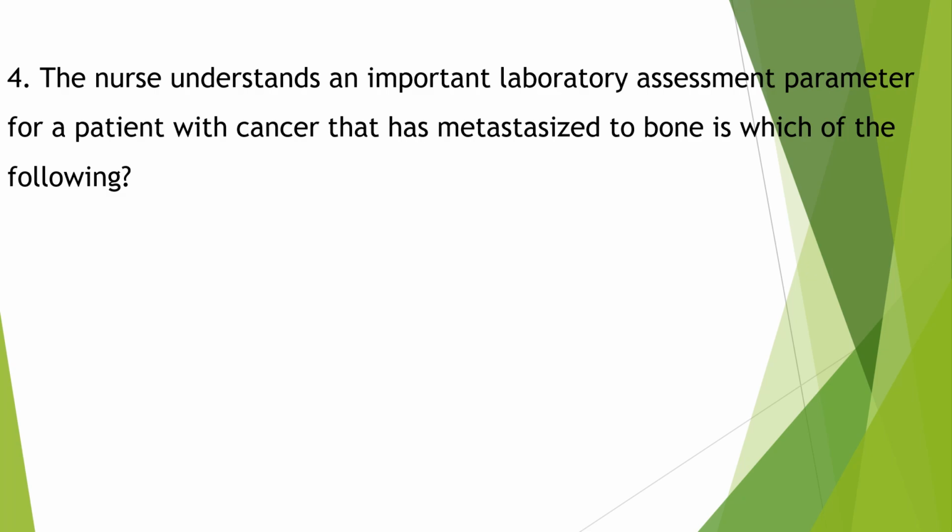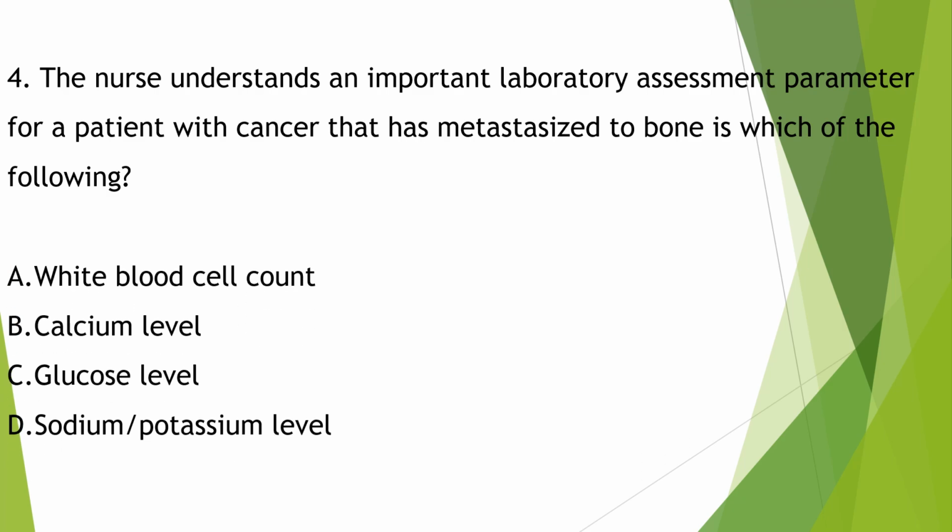Next one, the nurse understands an important laboratory assessment parameter of a patient with cancer that has metastasized to bone is which of the following? White blood cell count, calcium level, glucose level, sodium and potassium level. So here, it has metastasized to bone.